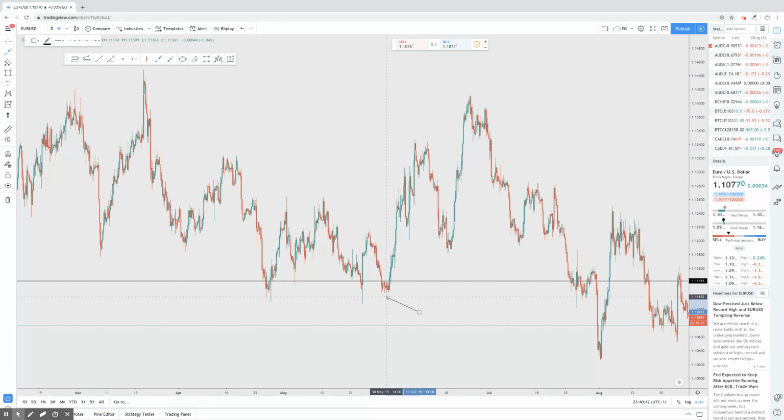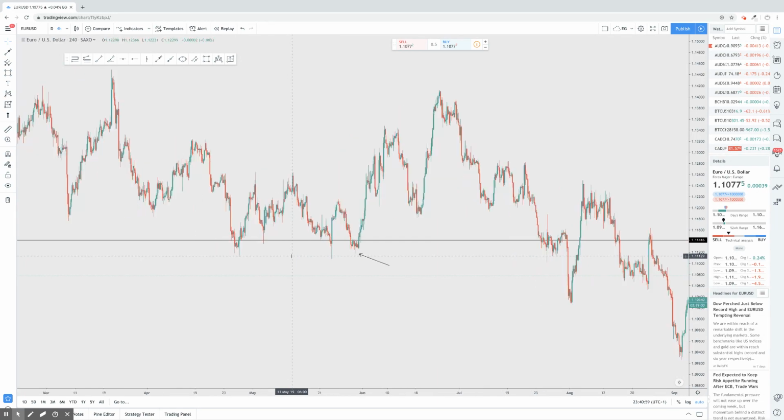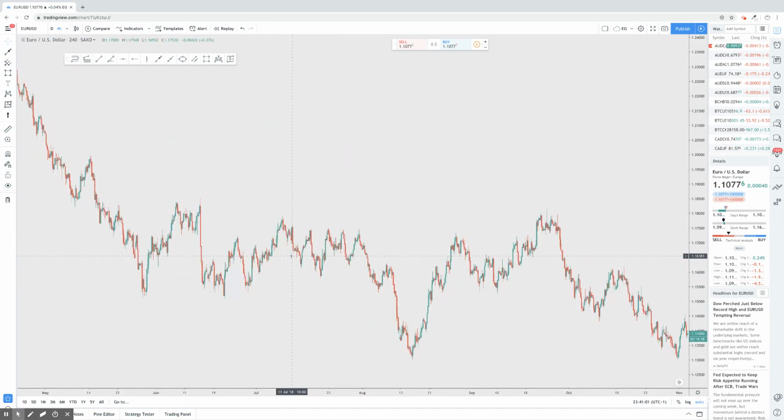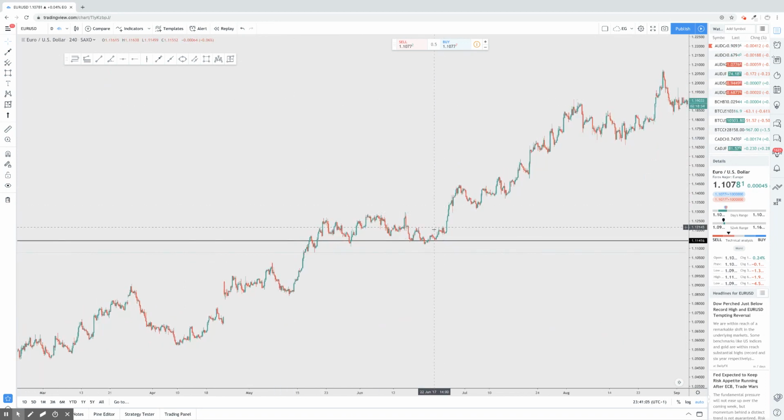So we have a rejection of this major zone here, okay? What this is, guys, is an area that over time has been respected as support or resistance. So if we go back and look at this area, I'm going to show you an example because this is going to come up throughout the video.